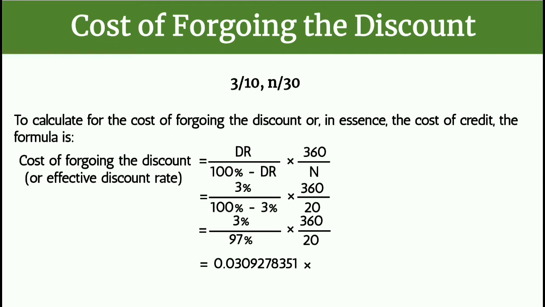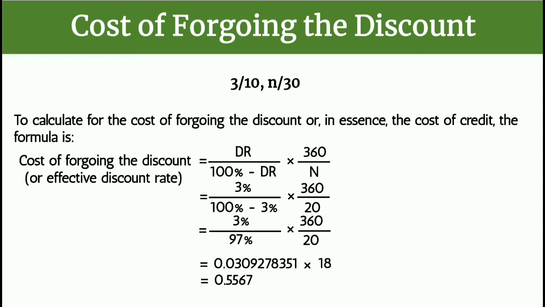360 divided by 20, that is equal to 18. 0.0309278351 times 18, that is equal to 0.5567.